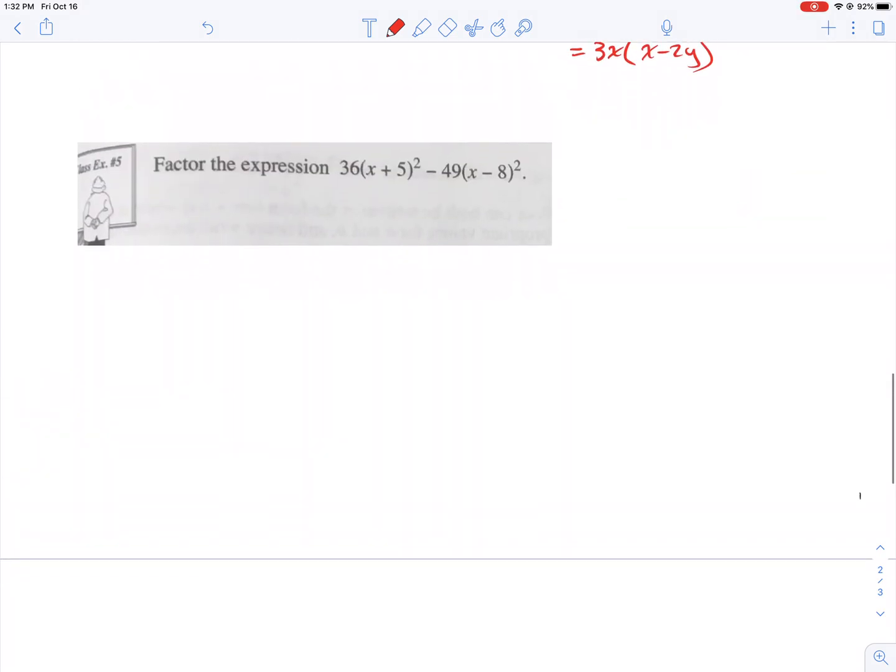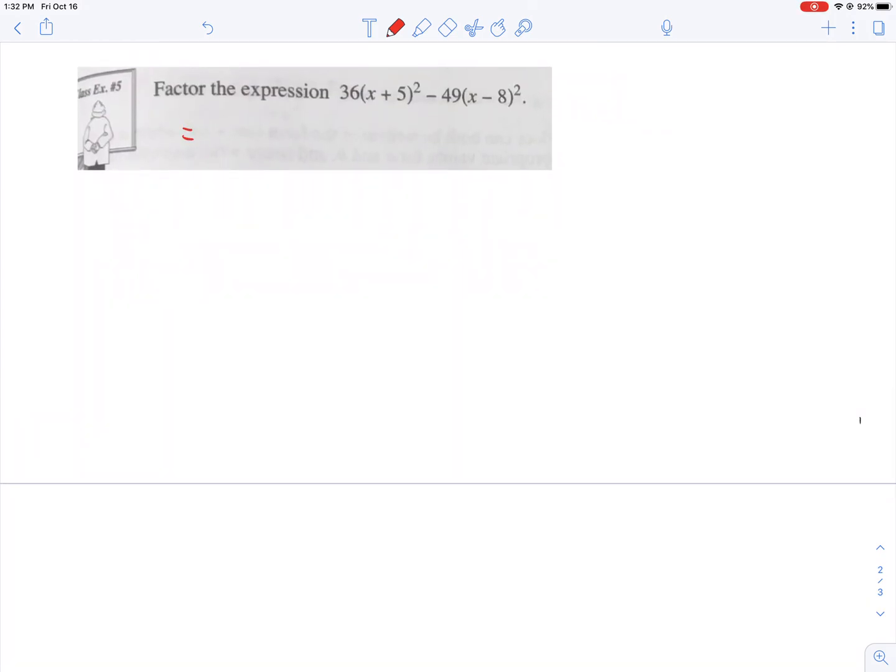Well, one last one before you go home. Wait, you're already home. Let's again use big brackets. We have 6x plus 5, and I know these are difference of squares. Again, check the sign. And plus 7 times x minus 8.